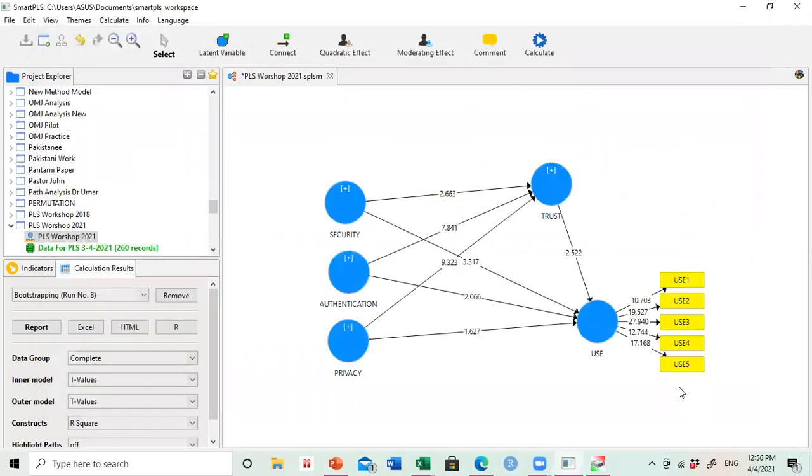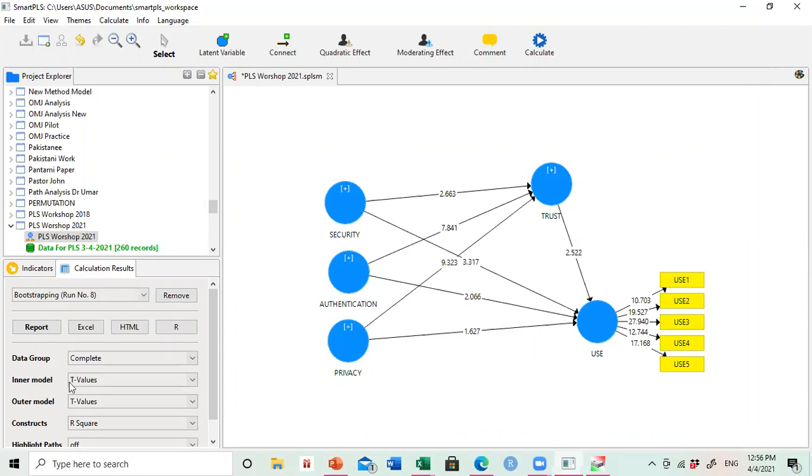Okay, when it finishes, you don't need to look at your model because your model will not tell you whether the moderation is significant or not. All it will show you here is a direct relationship, and you don't need the direct relationship.